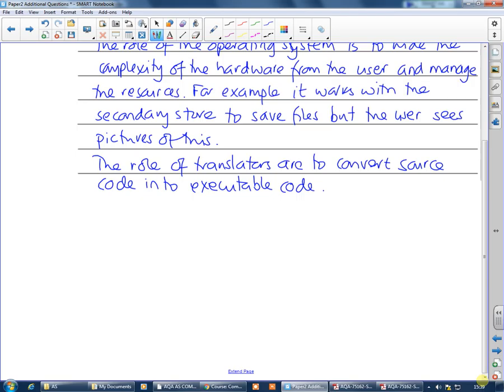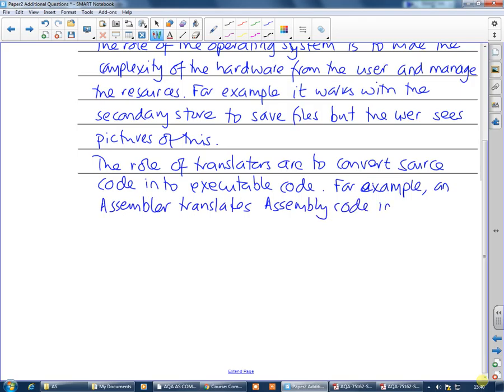So, for example, an assembler translates assembly code into binary. Okay, we don't need to give all three. We should be just giving some.